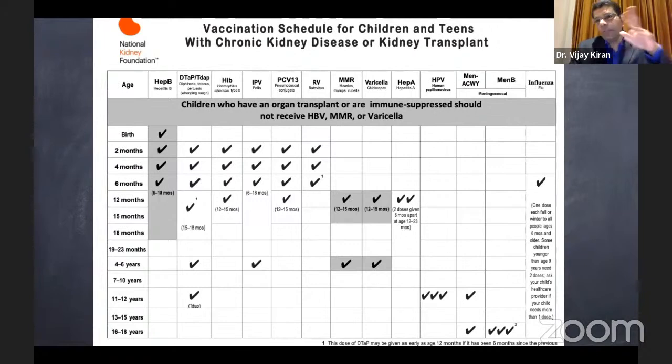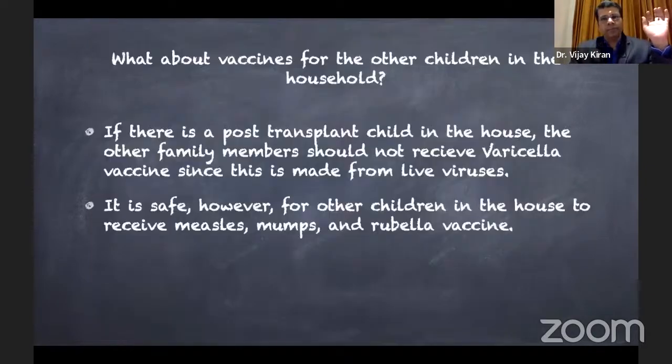MMR vaccine can only be given pre-transplant. Varicella vaccine, again, these are 3 live vaccines which have to be given pre-transplant. You cannot give them post-transplant. Please keep that in mind. So if the child is completely vaccinated, then you can directly continue. If the child is not vaccinated, first get him vaccinated and then contemplate kidney transplantation.